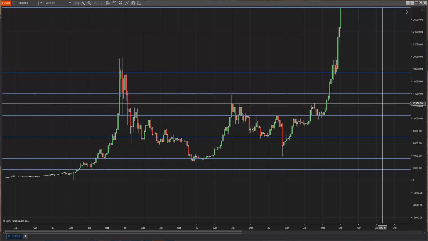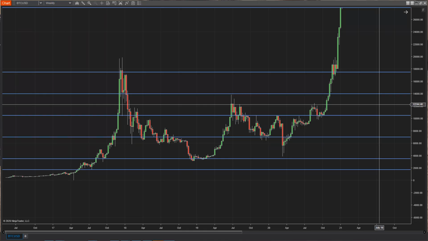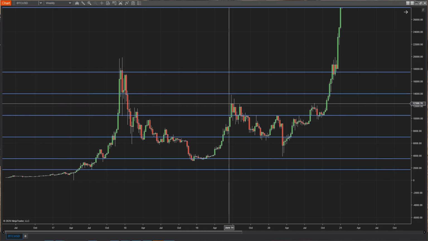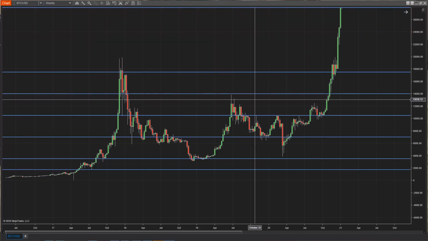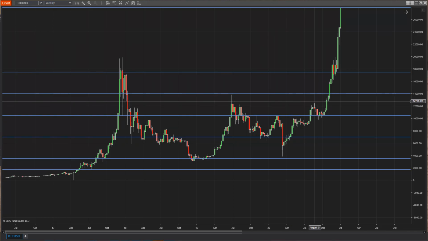You could look at 12,250, which is right about there, and you can see these tops in early 19 and then again later in mid 2020, how those tops were formed right there at that 12,250 number. That's the 122 and a half. So you can kind of take those numbers and look at them as well.